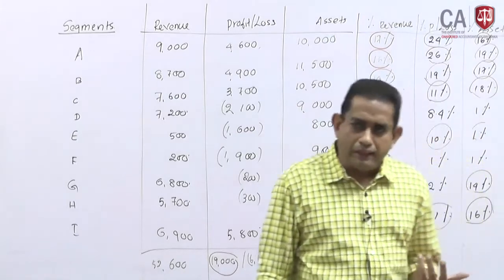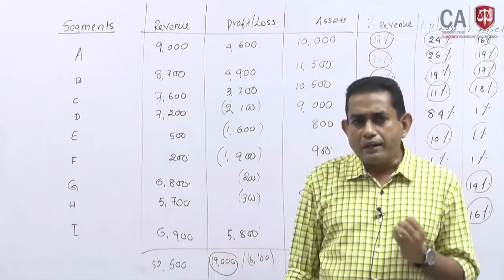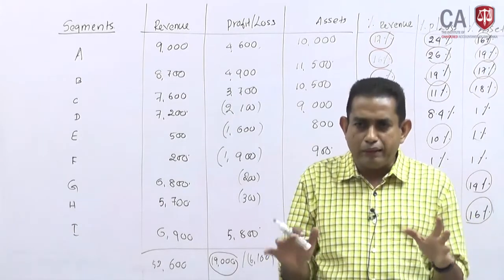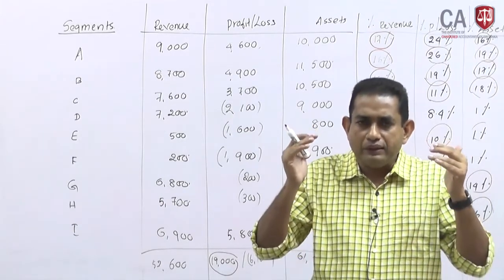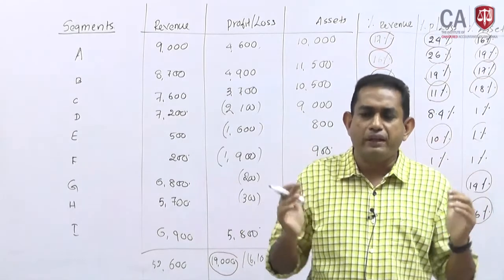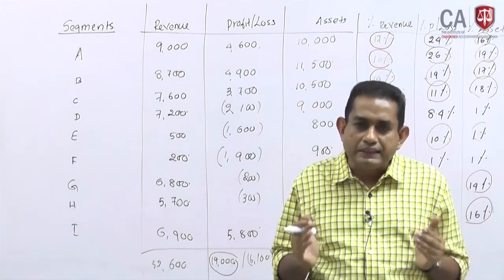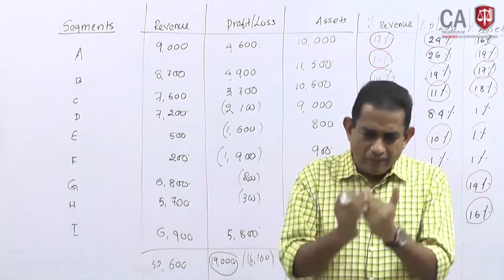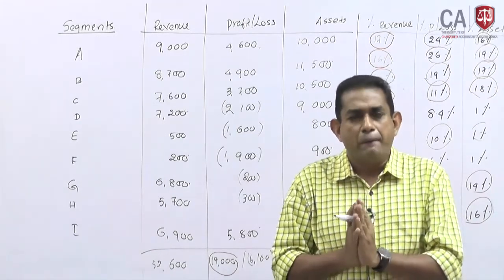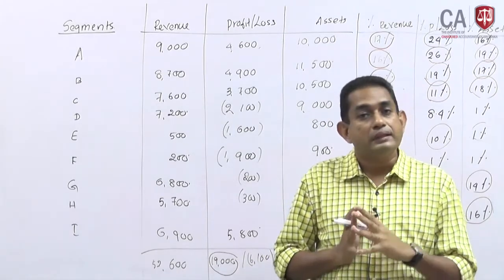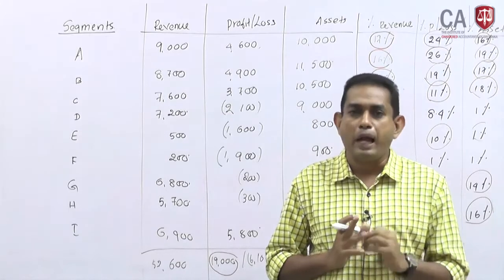It does not mean that there are different entities for each segment. No, right within the same entity, under the same roof, 9 different business activities take place. So, this is the same entity, same company, same institute, but there are different business activities happening.